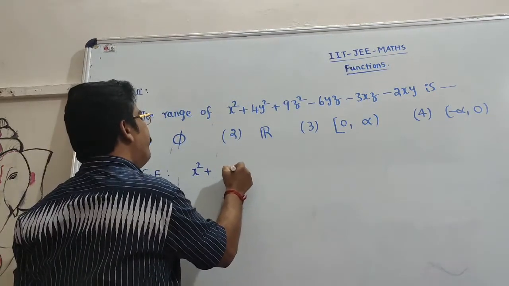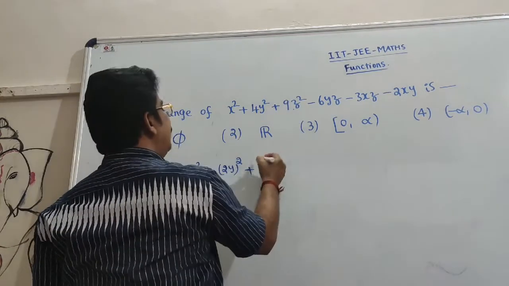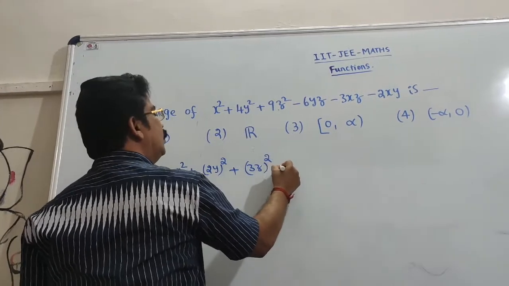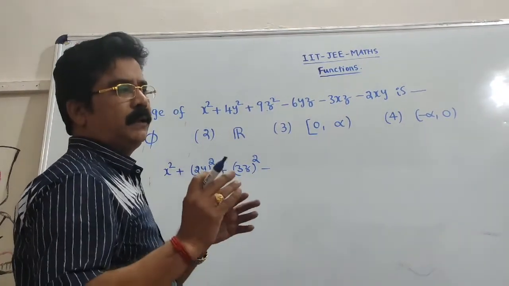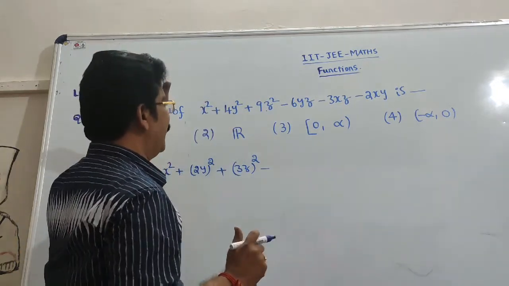Plus 9z square means 3z whole square. So there is some facility to write an easy form for the given function.